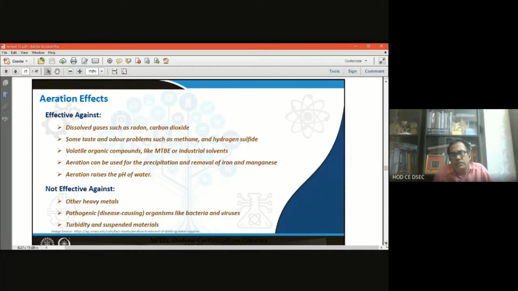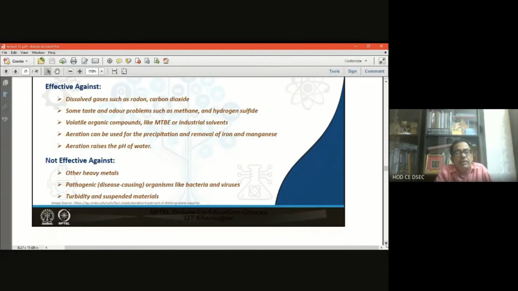Very, very important: a question may come asking by which process iron and manganese can be removed. By the aeration process, the precipitation of iron and manganese can be done, so they can be removed through aeration. To some extent, aeration raises the pH of the water also. So this is the effect of the aeration.